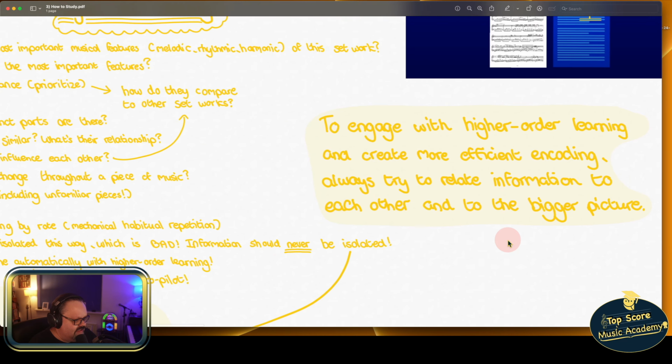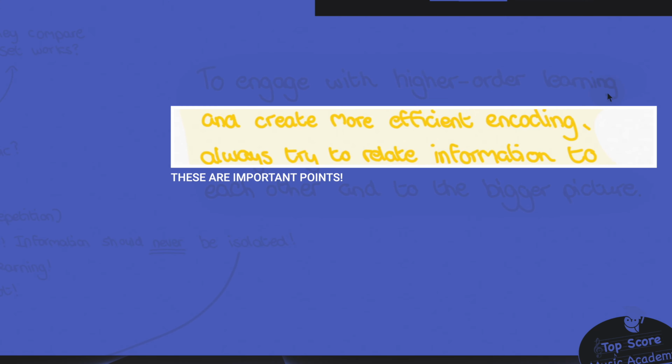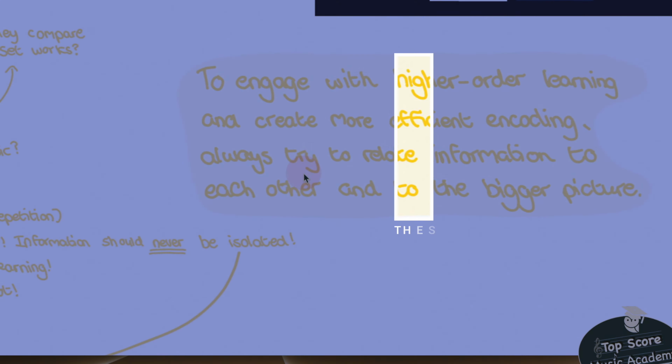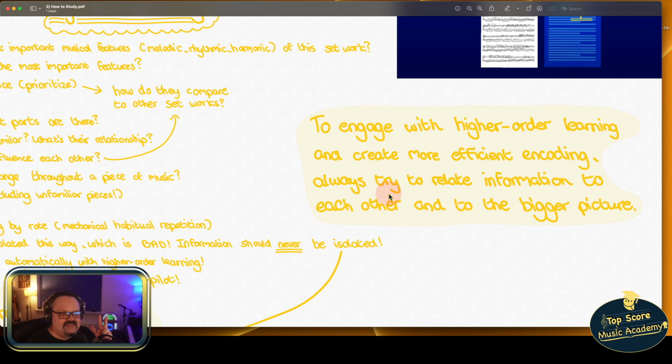It feeds into this thing here. To engage with higher order learning and create more efficient encoding, putting this information into long-term memory, always try to relate information to each other and to those bigger picture questions that we were looking at earlier. I'll always try to say this every lesson from now on: things that happen over a long period of time, things that keep coming back, things that have dramatic one-off changes in the piece, or important structural features in the piece.